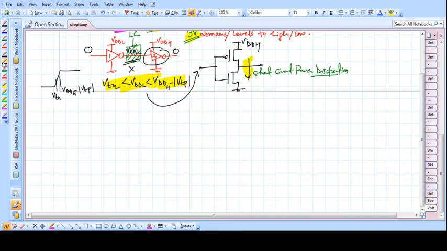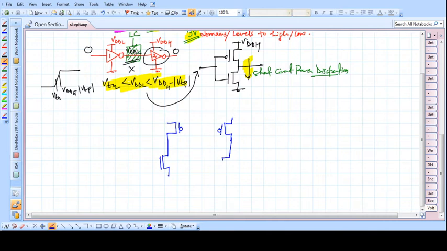First I have to make the structure for this one. I am making two PMOS first. Then I will tell you why we are doing it like that. These two are connected to VDD high.